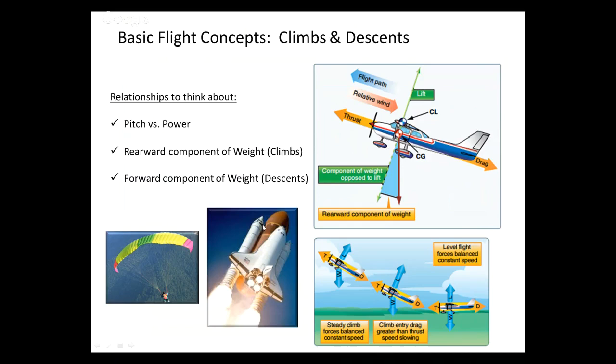In fact, I put the picture of the space shuttle here because conceptually speaking, an aircraft like a rocket, like the space shuttle, its thrust acts against weight and drag going in the same direction. So you may not always be presented with the simple equilibrium when it comes to climbs and descents.